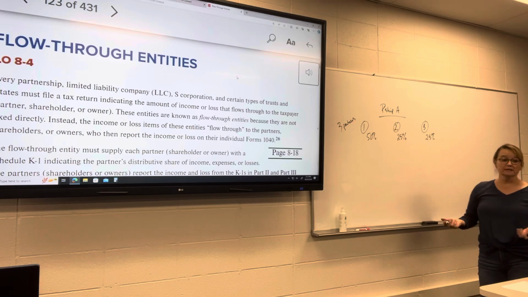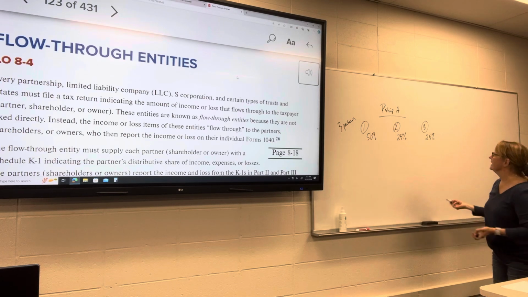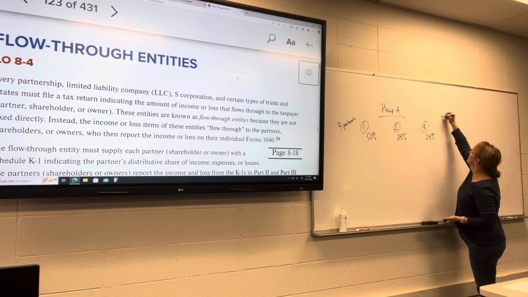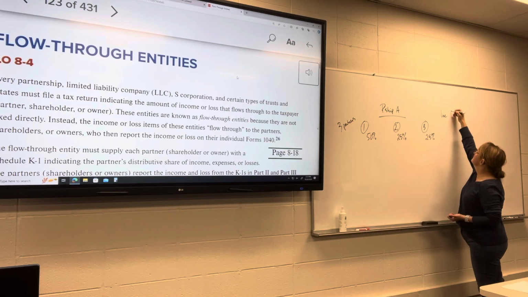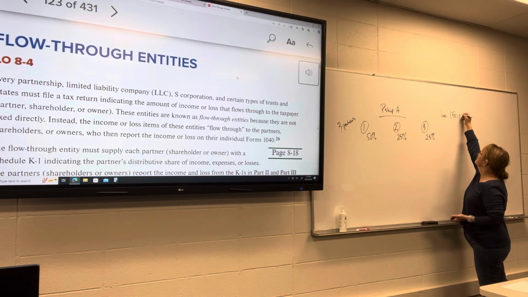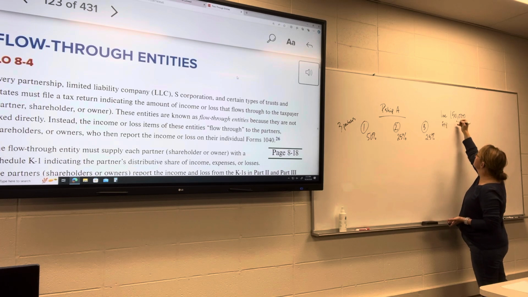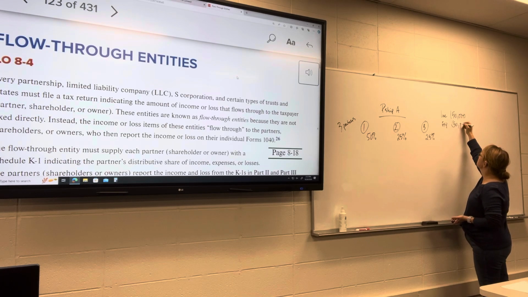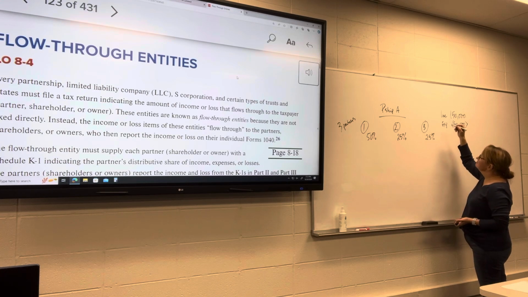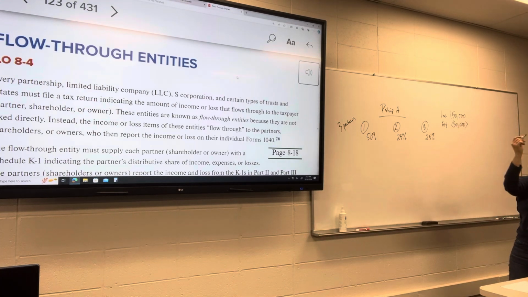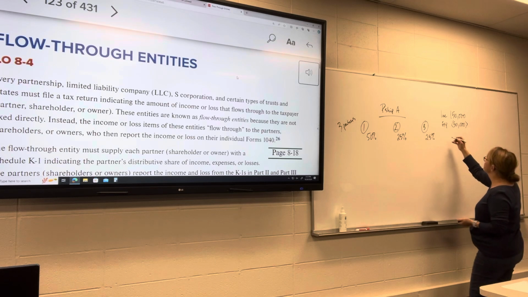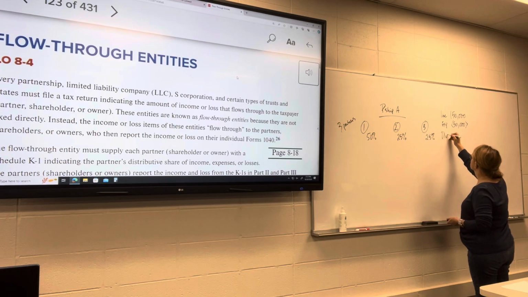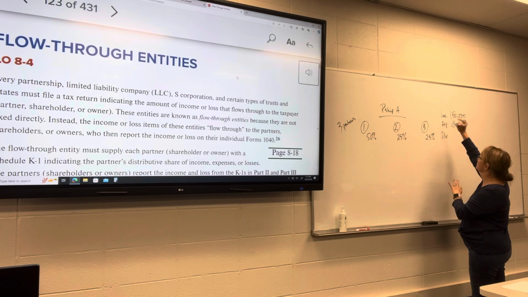So during the year, Partnership A had income of $150,000 and deductible expenses of $50,000, and it had some investments. So it had some dividends. The partnership, we're talking about the partnership here.